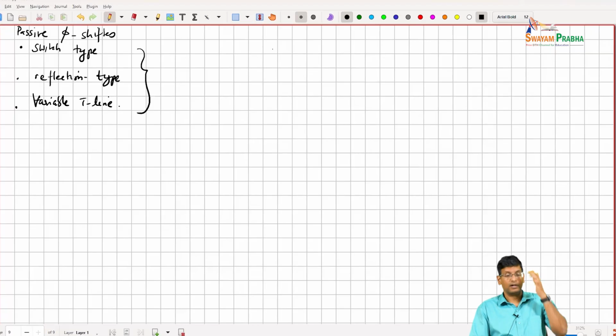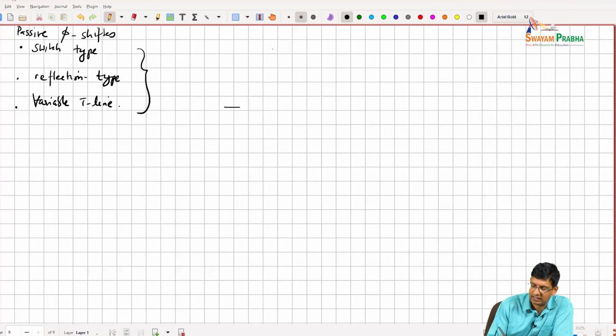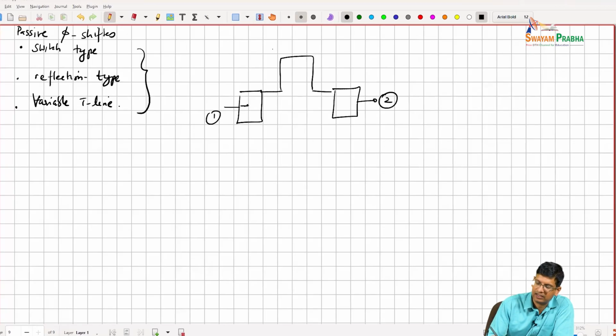So broadly, what is a switch type phase shifter? At its simplest, you can think about a port here and a switch, and one path over here maybe has an extra delay, and one path over here maybe looks like this.